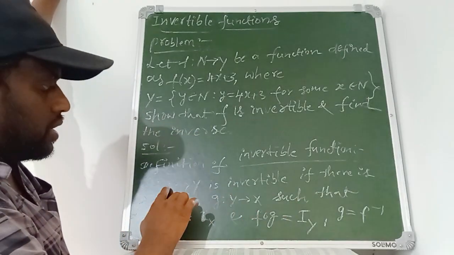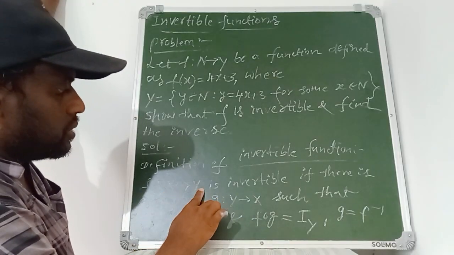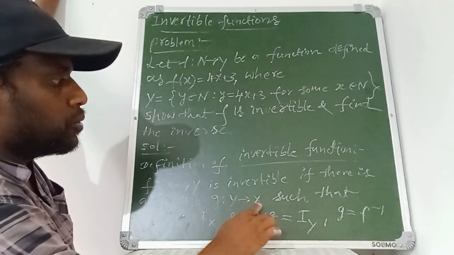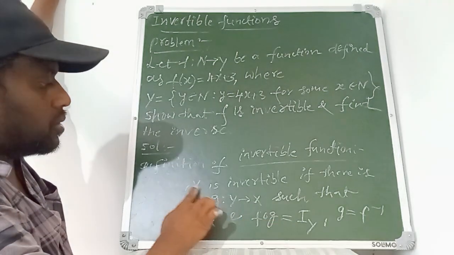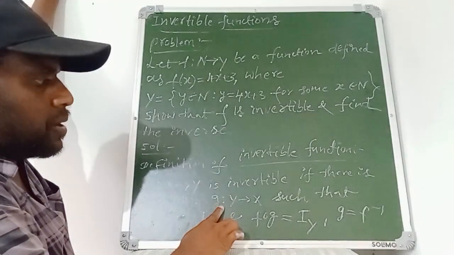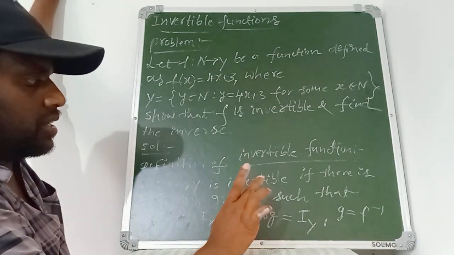Here it is X to Y, input to output, and here Y to X, output to input. This function gives output from inputs, and this function gives input from output. So that is the meaning.